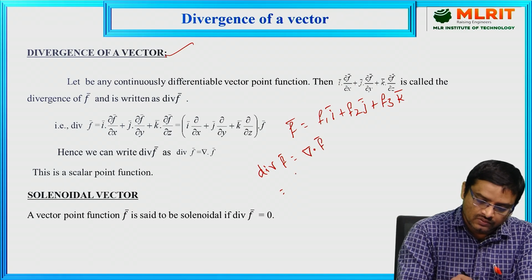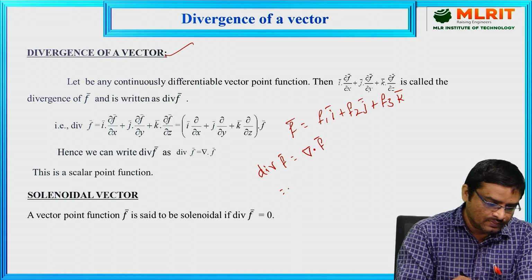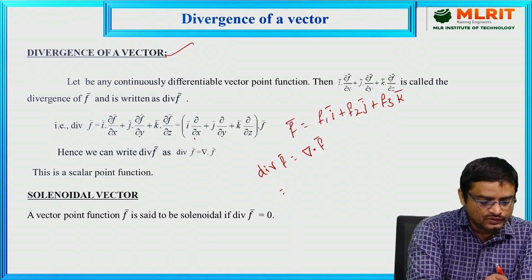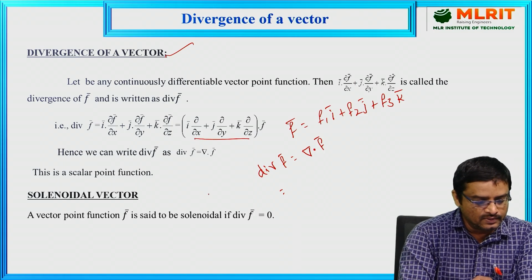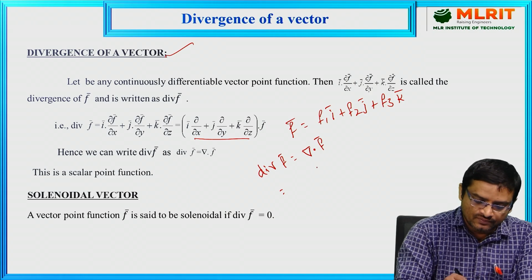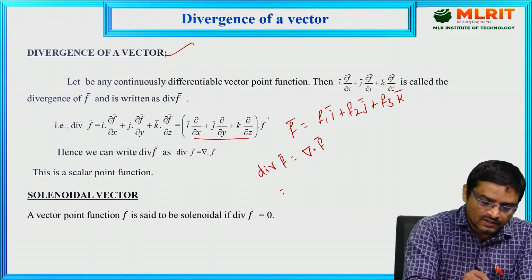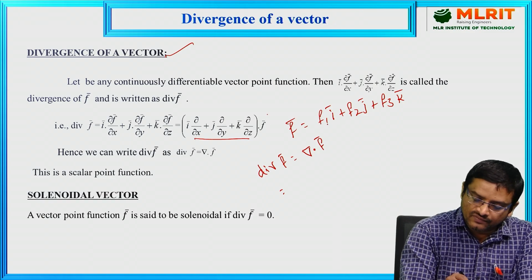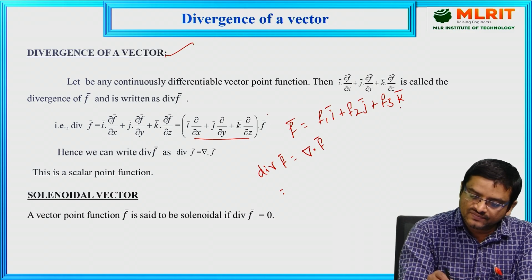We know the del operator: i bar dou by dou x plus j bar dou by dou y plus k bar dou by dou z, dotted with f bar. So f bar is given by f1 i bar plus f2 j bar plus f3 k bar.